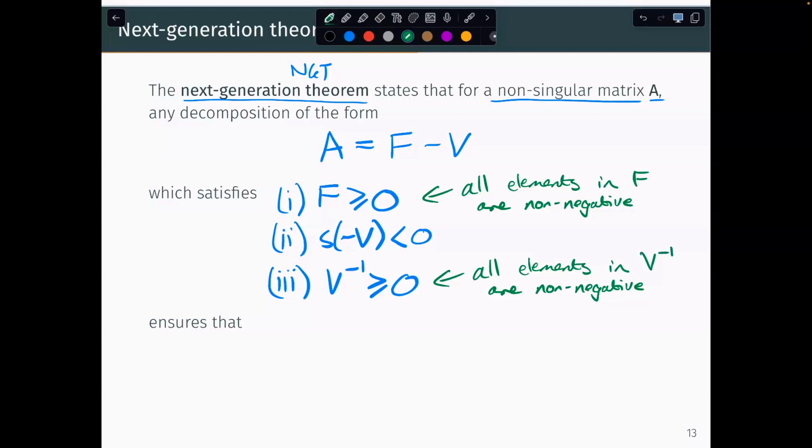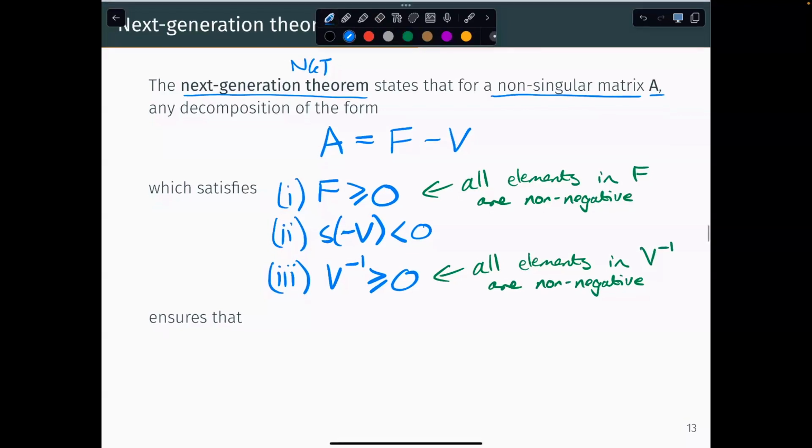You're probably thinking, why are we doing this? Well, if you make this decomposition in this way, it ensures that the spectral bound of matrix A is negative if and only if the spectral radius of the matrix F times V inverse is less than 1.